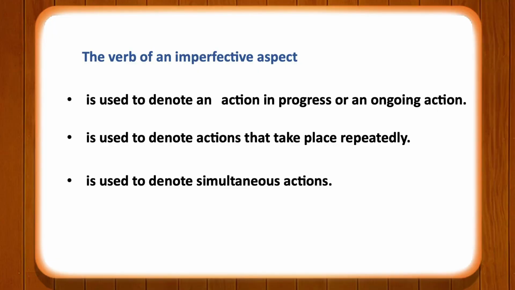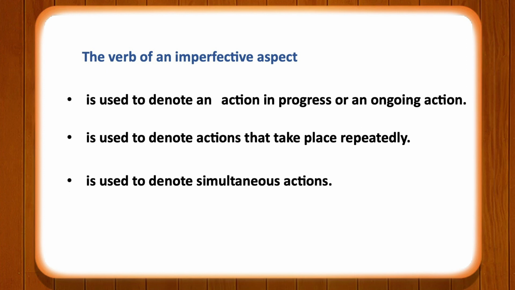Let us quickly revise the type of action the verb of imperfective aspect denotes. The verb of imperfective aspect is used to denote an action in progress or an ongoing action. It is also used to denote actions that take place repeatedly.